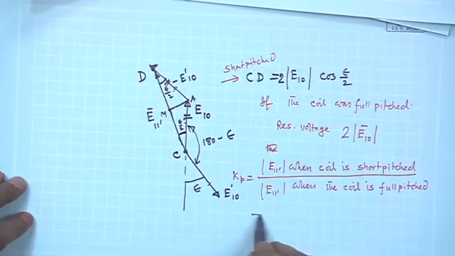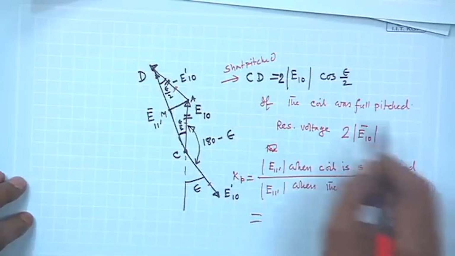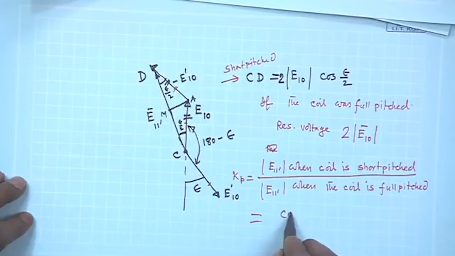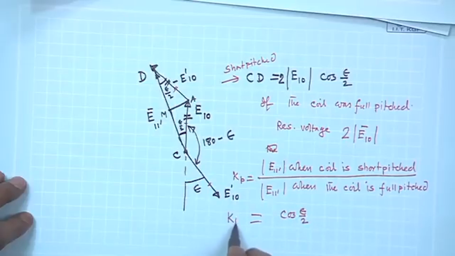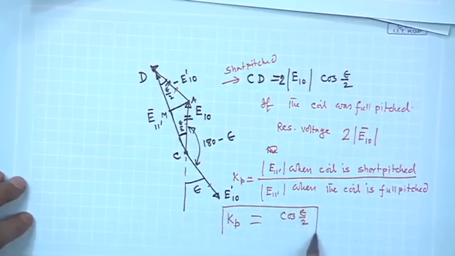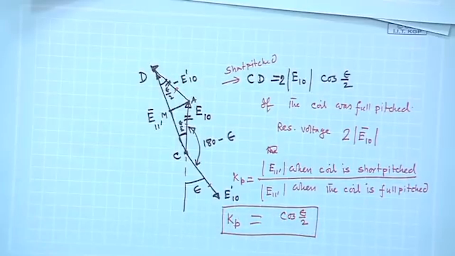If you substitute, these things will cancel and you will be left with cosine epsilon by 2. So Kp is cosine epsilon by 2.